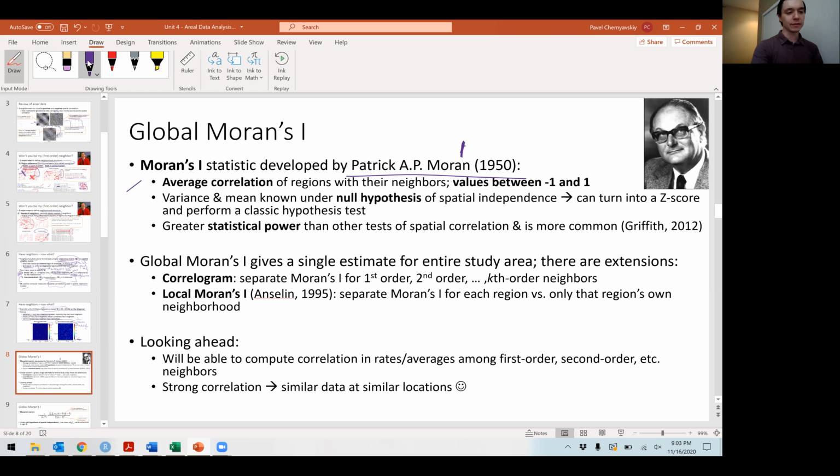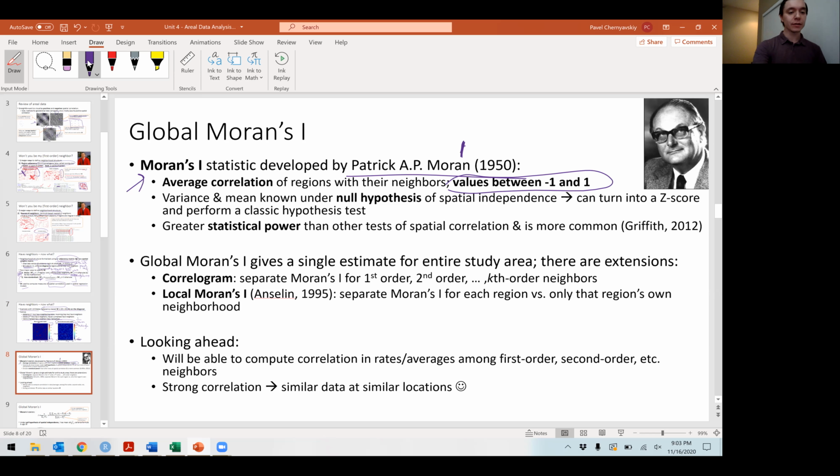And it's very intuitive. It computes the average correlation of regions with their neighbors. And the way it's developed, in theory, the values are between -1 and 1. But I'll repeat, in practice, you almost always see positive numbers.